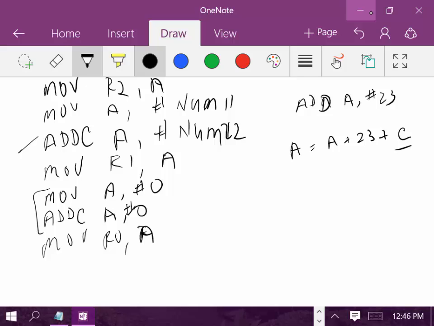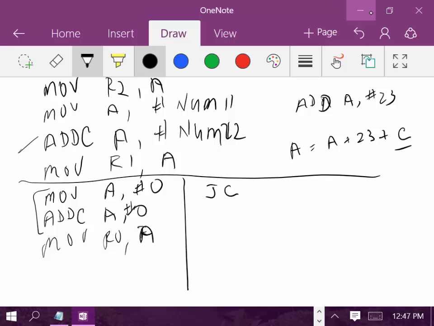The other way of doing this right here is I can do a jump if carry. Actually, it's easier to do a jump no carry to no carry. That's just a label that I'm going to put in there. If there is no carry, it's going to do a jump.